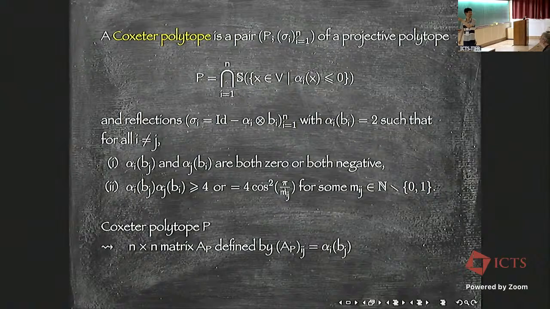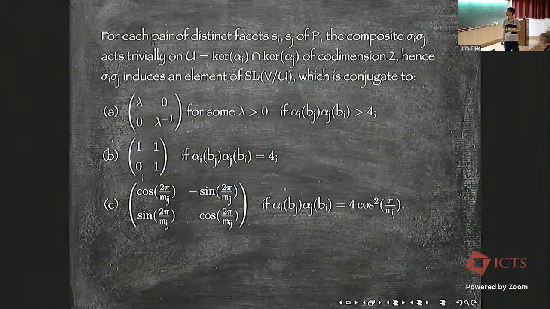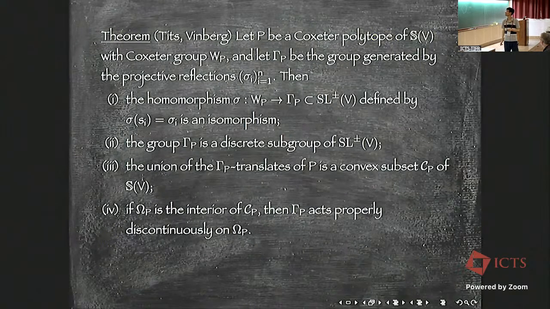Thank you for asking. Okay, other questions? So in fact, usually it's very hard to actually construct a discrete subgroup in the special linear group or the general linear group.